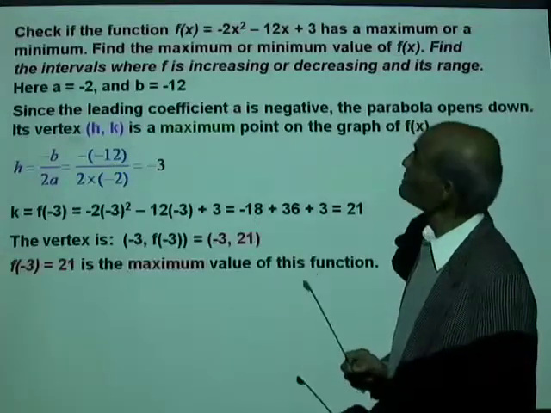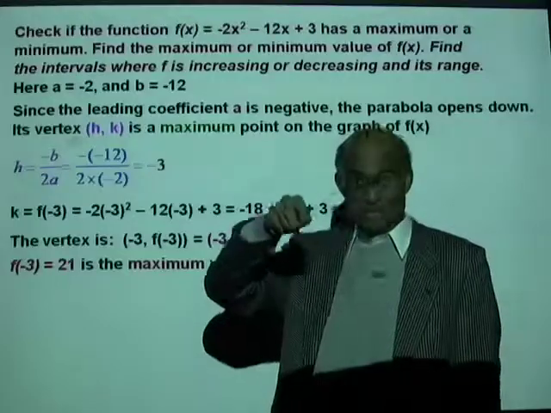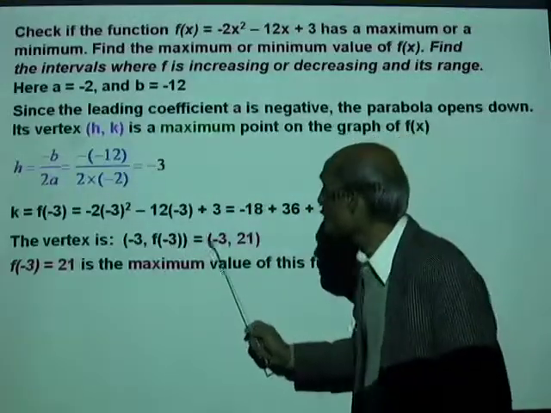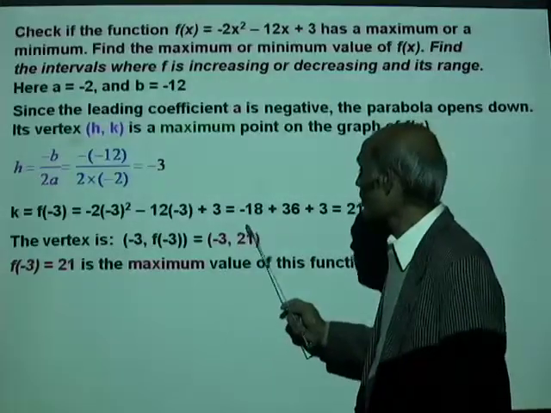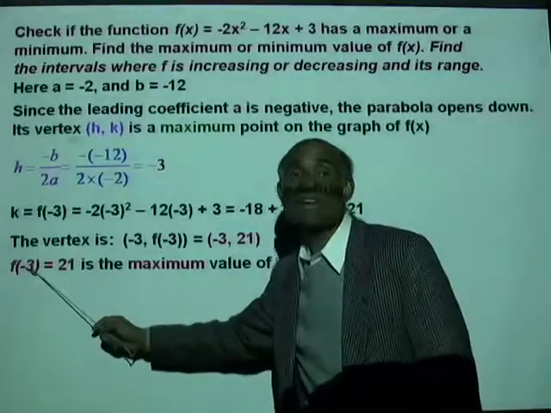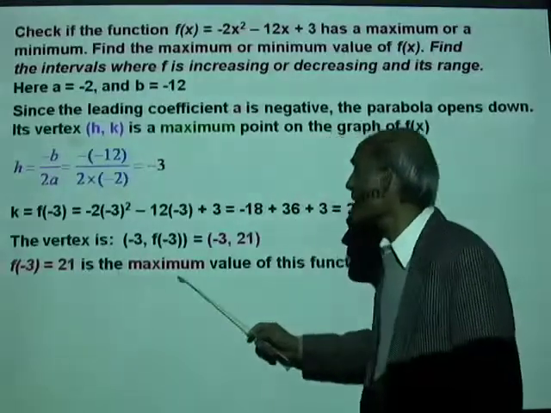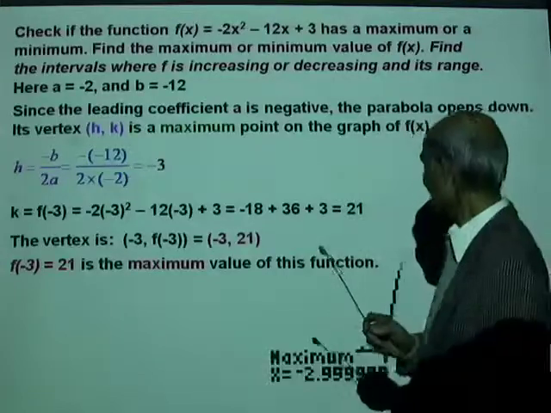Alright, can you answer the question now? The parabola is opening down. That means the vertex represents a maximum value. And what is the maximum value of the function? F of negative 3 equal to 21 is the maximum value of this function. That's right.